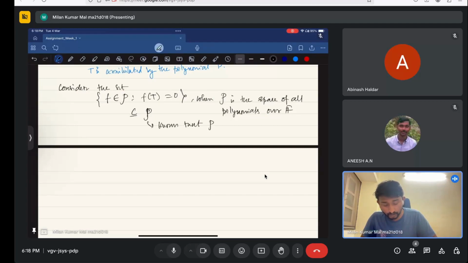Then it is known that this is a PID, a principal ideal domain. Don't be confused by all this, you can forget it also, don't worry.